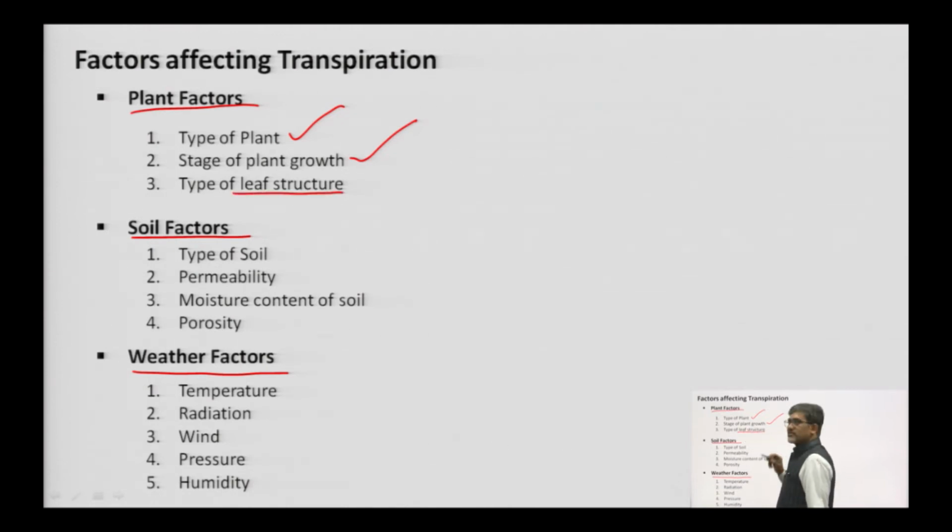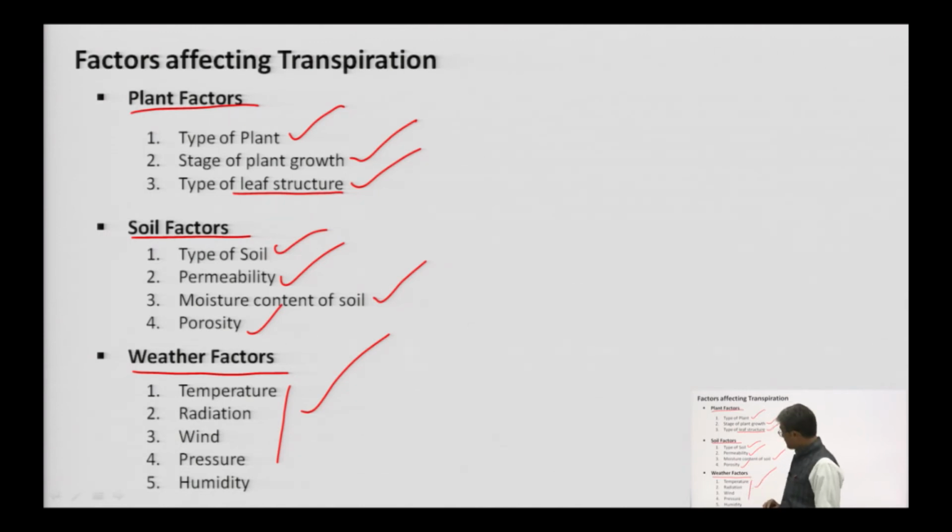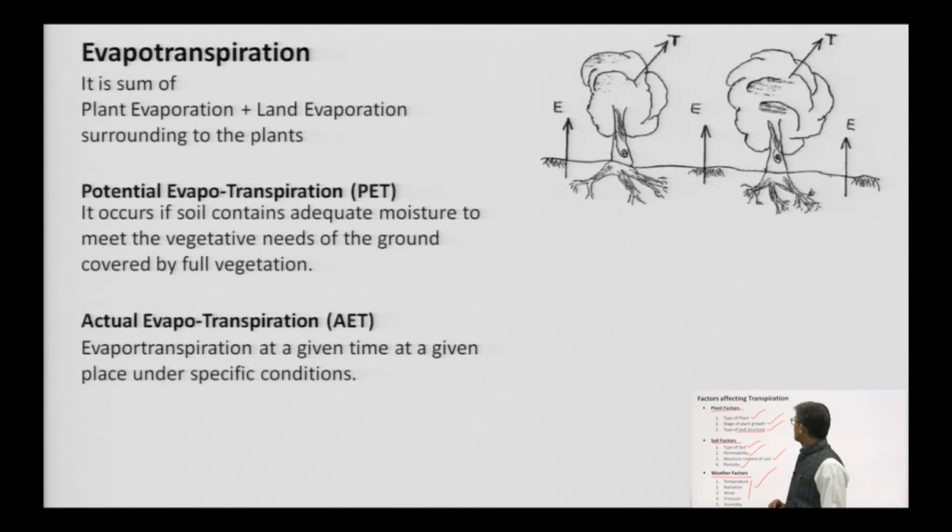The type of leaf structure also affects evaporation. Soil features means type of soil, permeability, moisture content and porosity, which can affect transpiration. And these are the weather factors: temperature, radiation, wind, pressure and humidity affect transpiration.